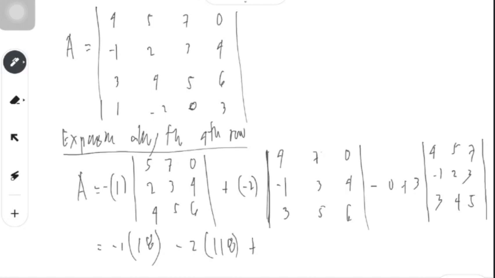Next. Sige nga. What is the last one? Plus 3 times what? Negative 8 po. Negative 8. Will you take the result? The algebraic sum? Negative 18, negative 2 times 118 minus 24. What is the result?